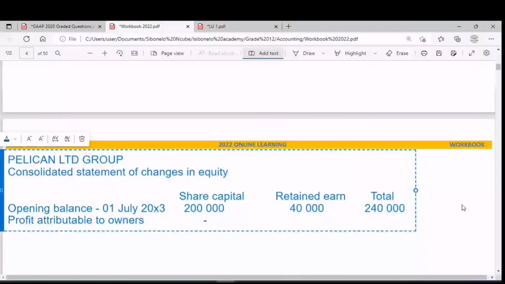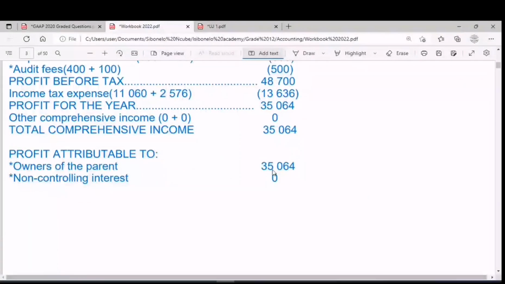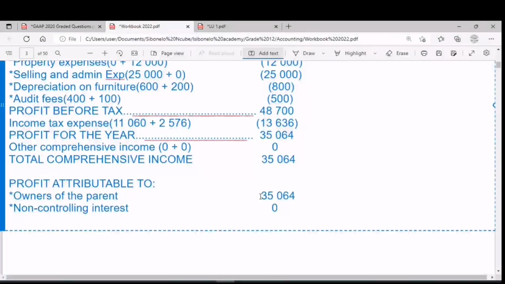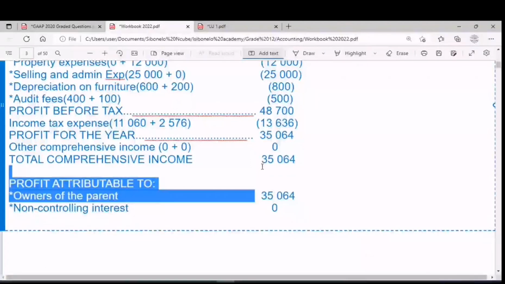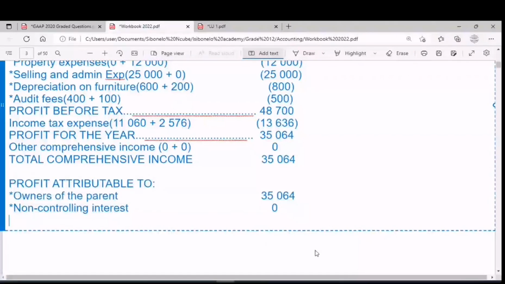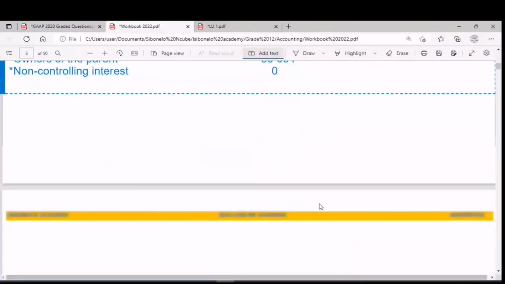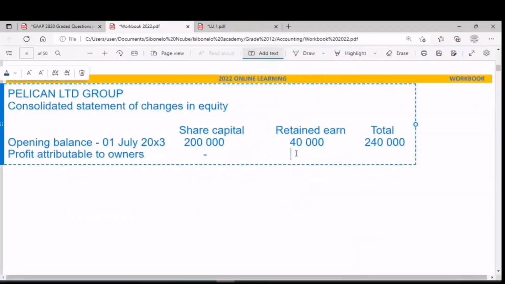It is 35,064. Once we have NCI, this profit will not be the same as the profit in the income statement, because that profit is split between the portion attributable to NCI and the portion attributable to the parent. So you always take the profit attributable to the parent, not the profit for the year. Let us not make that mistake. I will emphasize this again when we do activities with NCI.